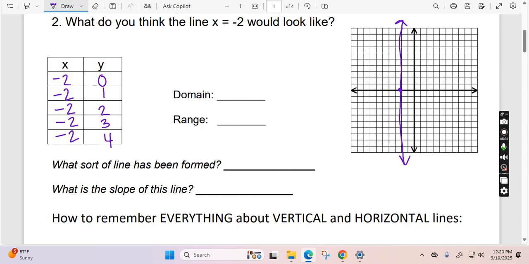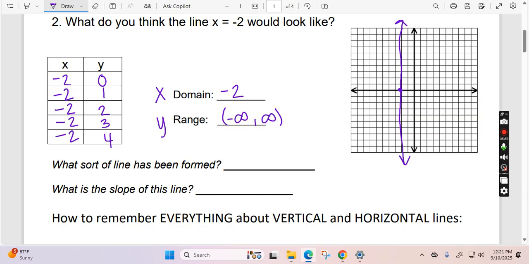Alright, so domain's talking about x values, right? And range is talking about y values. Okay, so what is my domain going to be? Negative 2. Why? Okay, it never moves. It just goes straight up and down, right? Okay, so what about my y values? Negative infinity to positive infinity.